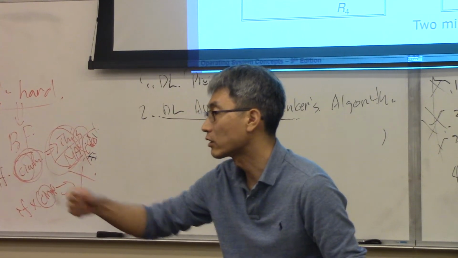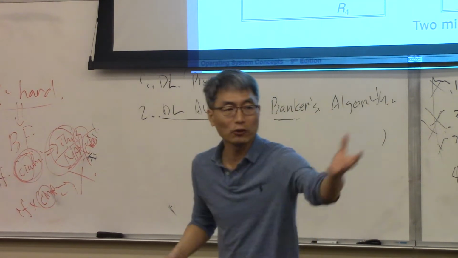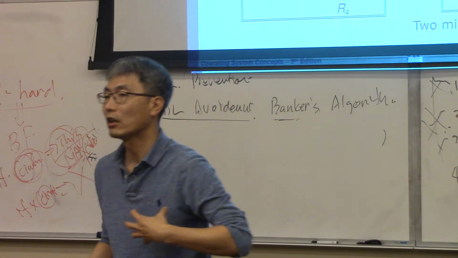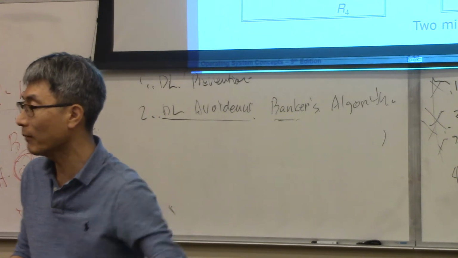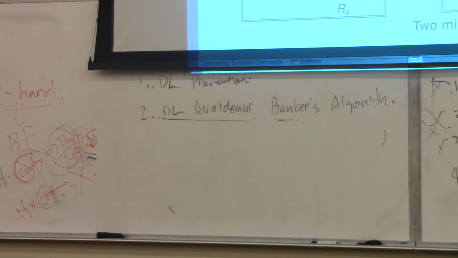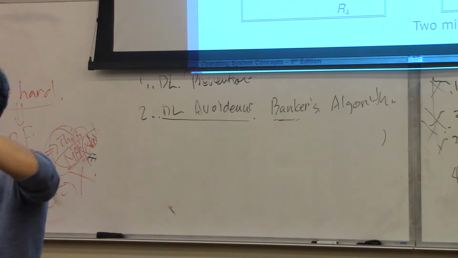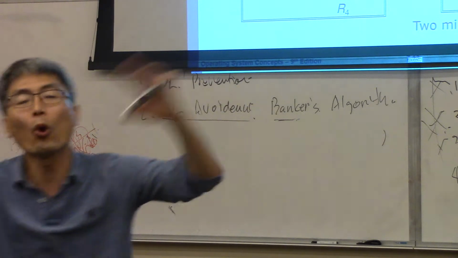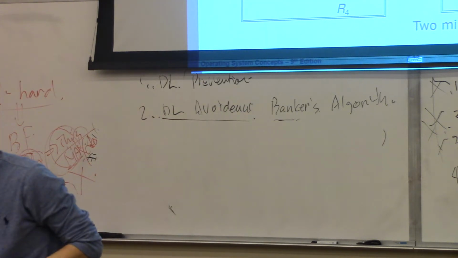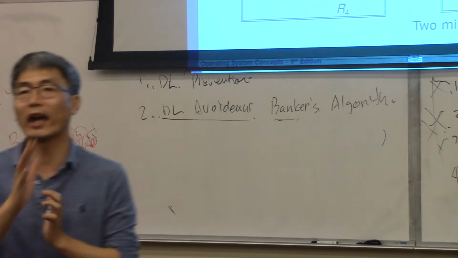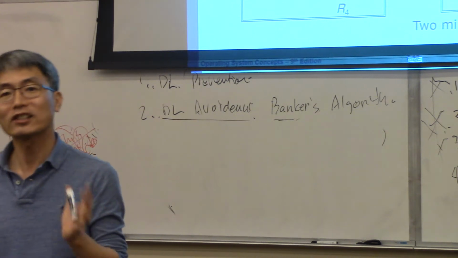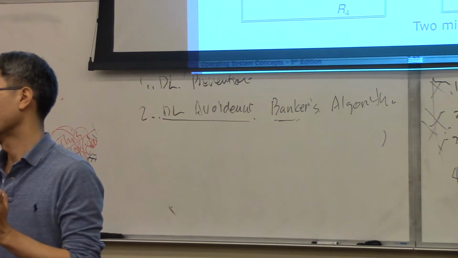If he requests a withdrawal, I can give the money back to him by collecting the loan amount. If all customers request at one time, I cannot, but eventually, one by one, the bank should be able to give the money. That is the banker's algorithm.